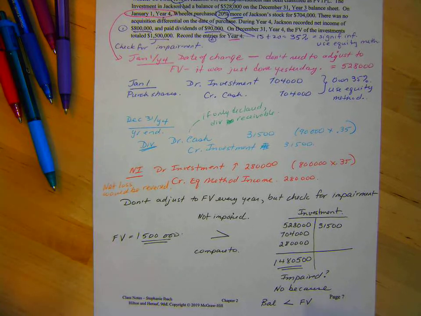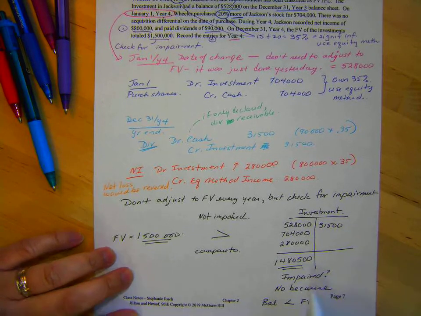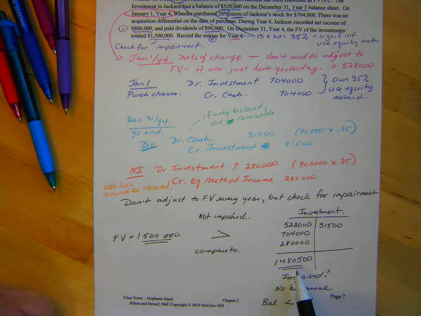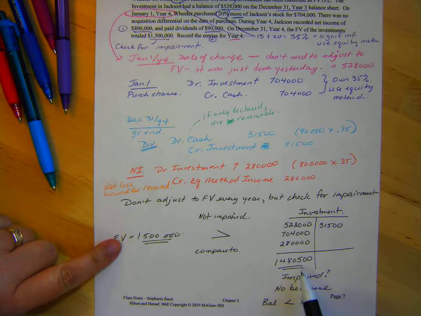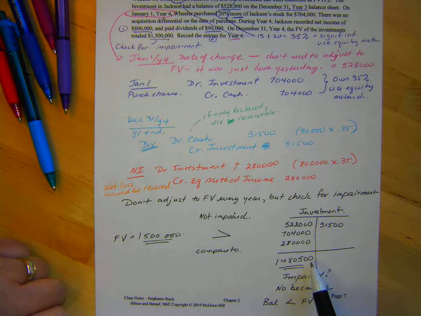If you get confused about is it less than, greater than, that kind of stuff, you guys just think of it logically. This is on your books, right? So if your books said your investment was worth $20 million, that will look good on your books, right? But if the fair value was 1.5 million, can you have 20 million in your books? No, it's impaired.